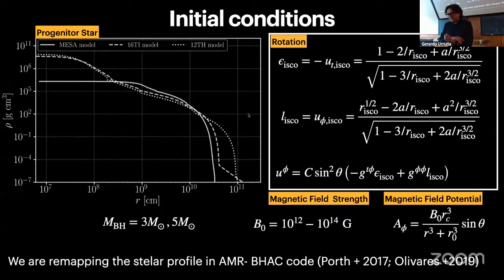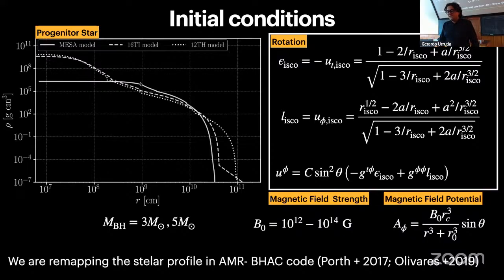Well, for these initial conditions and this numerical setup, we mainly play with two components. One is the structure of the progenitor, the precollapsar star. We evolve our own star with the MESA code. In this kind of simulation, we take care of the distribution of the density, because it helps us to magnetize the gas.